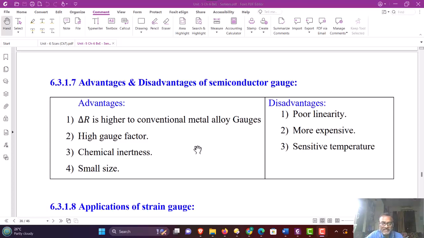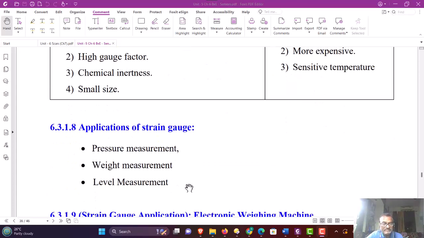They are small in size compared to wire strain gauges or metallic strain gauges. Various limitations of semiconductor strain gauges are that they have poor linearity. They are most expensive also, and they are sensitive to temperature because we know semiconductor devices have temperature-dependent performance. And therefore, semiconductor strain gauges are used normally where the temperature is not varying widely. They have higher sensitivity.